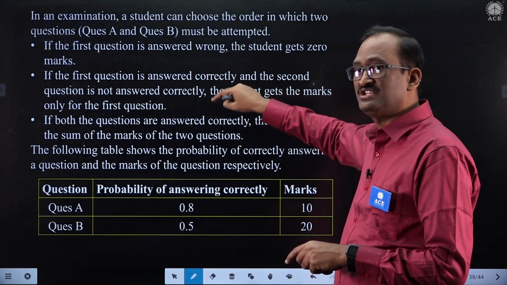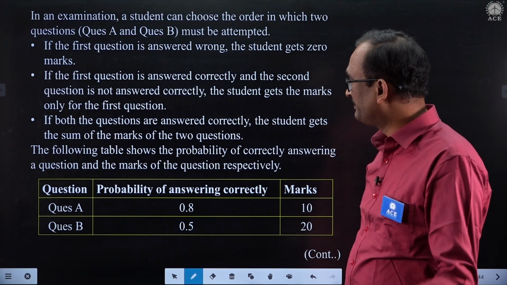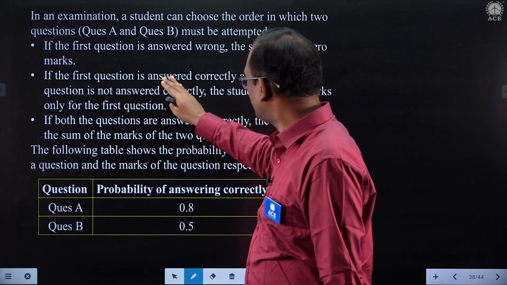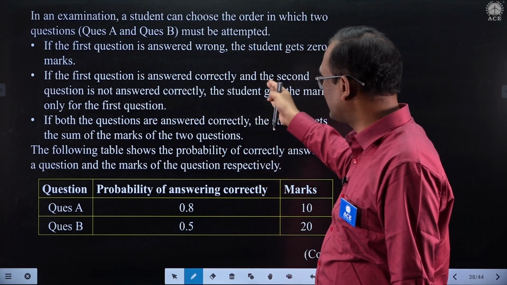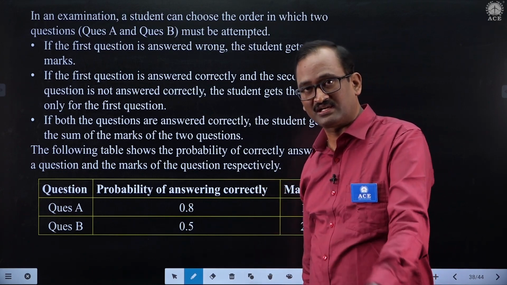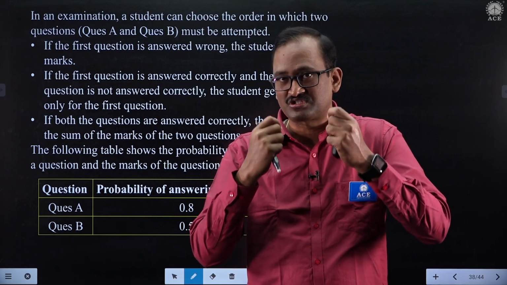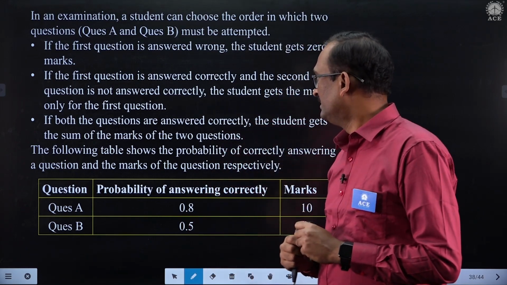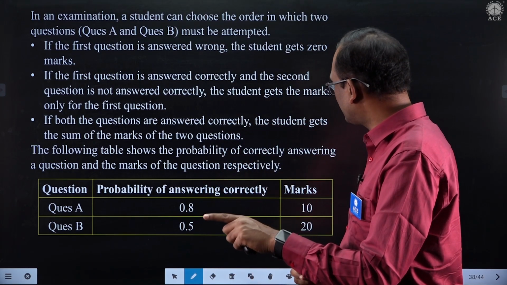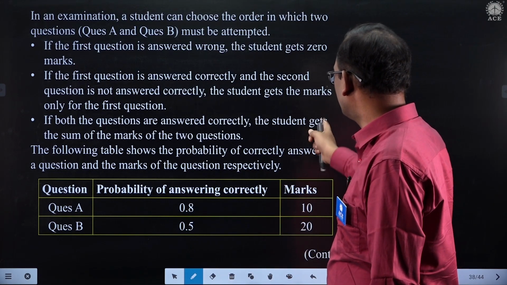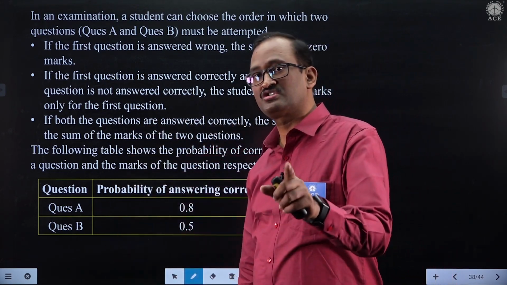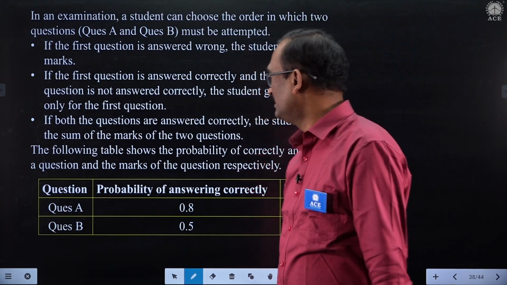By satisfying these three conditions, be careful. If the first question is answered correctly and the second question is not answered correctly, then the student will get marks only for that first question. Suppose first question correct and second question correct, then the student gets the sum of the marks of those two questions.